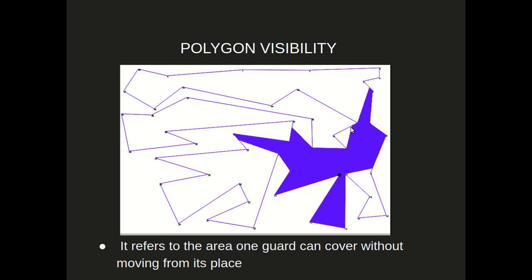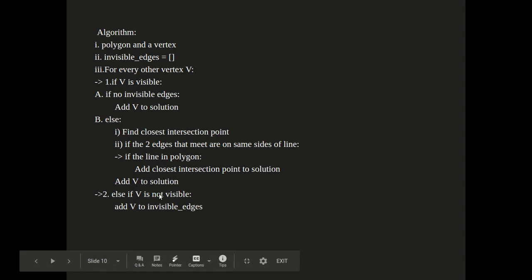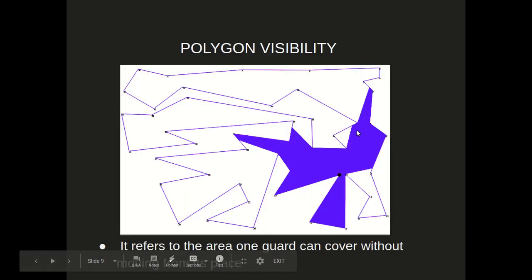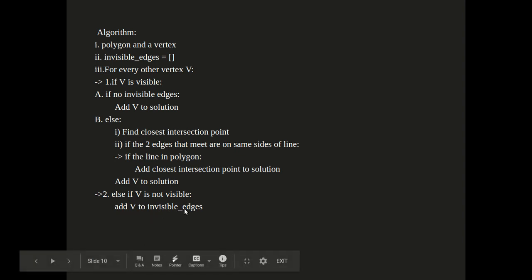We will add this point to the solution, and we'll add this vertex to the solution. So we can see that this is the part which will be covered by this guard. And if this edge is completely invisible from this vertex, then we add this edge to the invisible edges. So if vertex V is not visible, then we add it to the invisible edges.